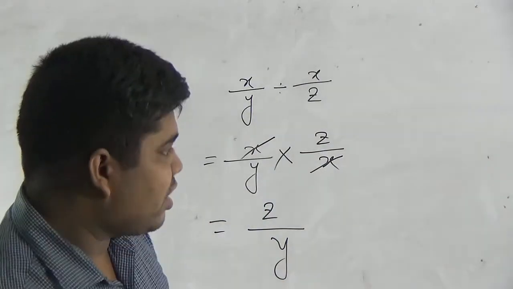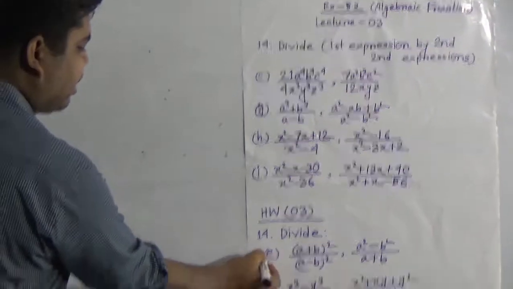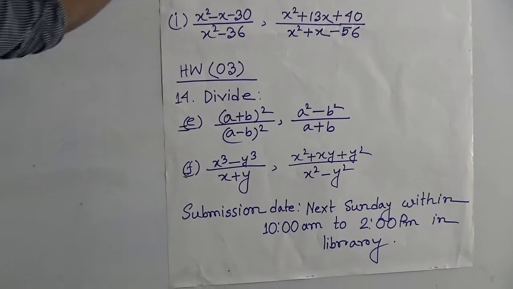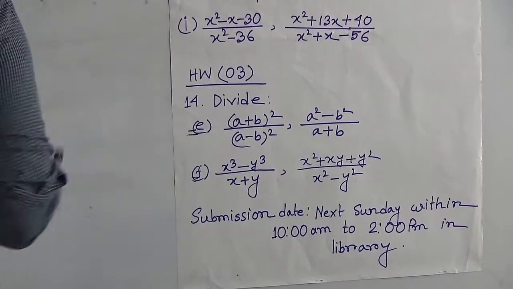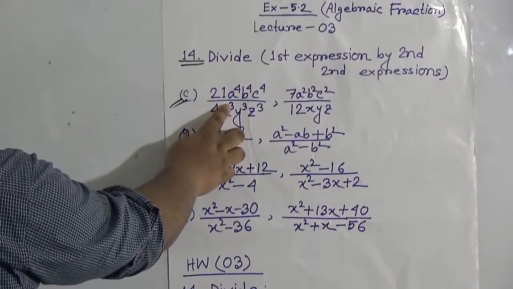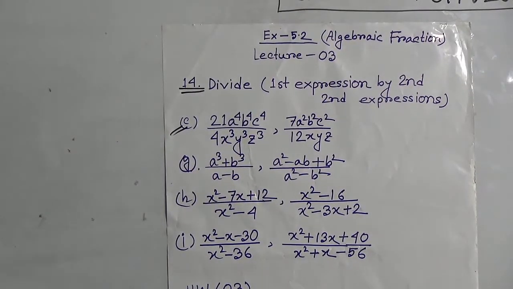Now in our class we shall solve 4 divisions and 2 divisions will be your homework. So first of all, number 14, and our first math is C. We divide the first fraction by the second fraction. So let us start. 14C.